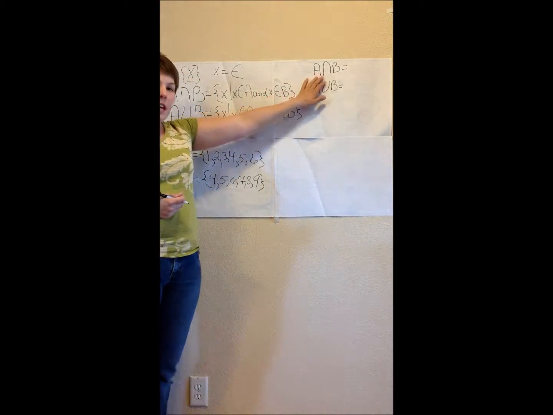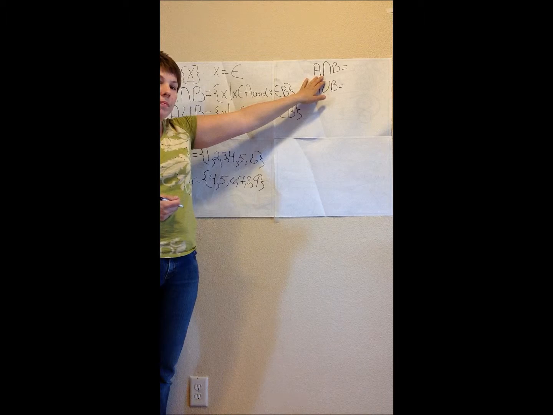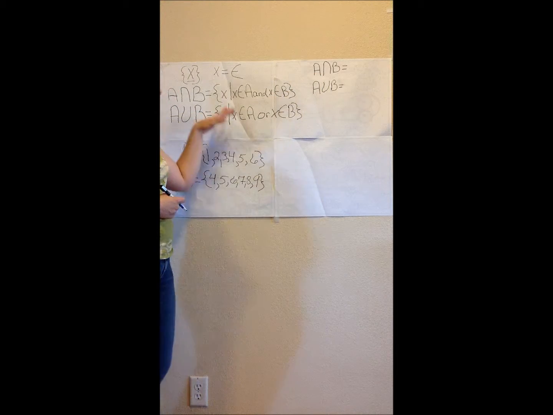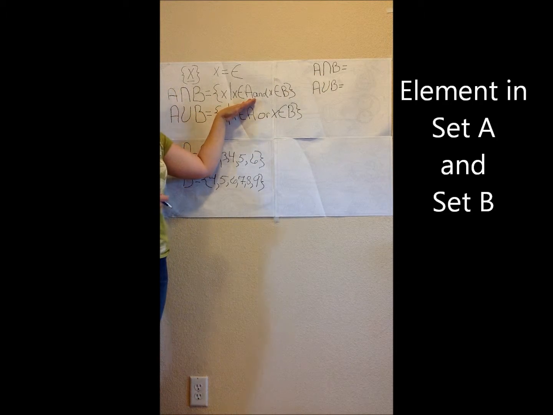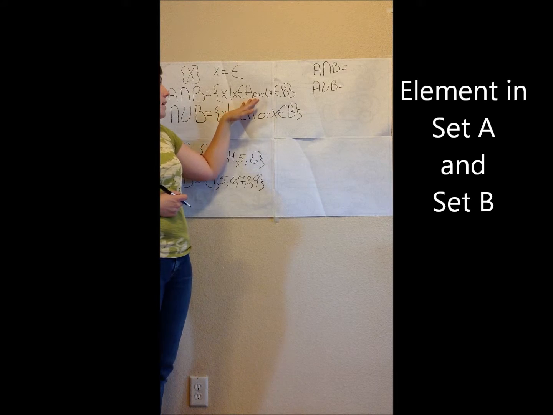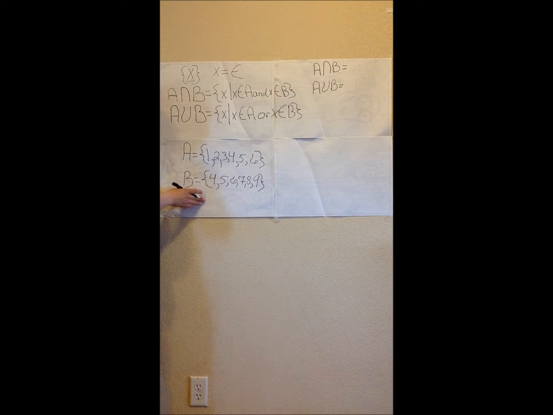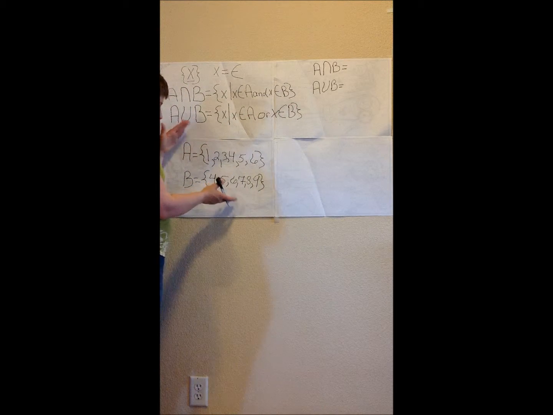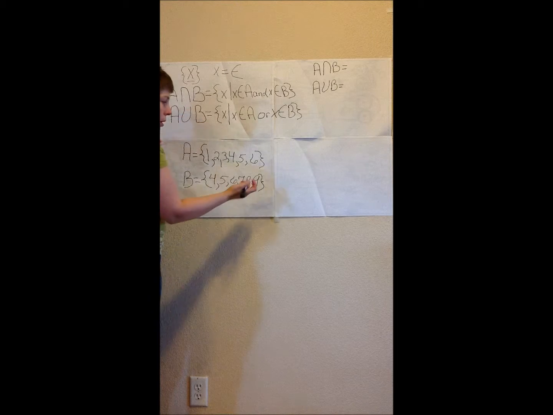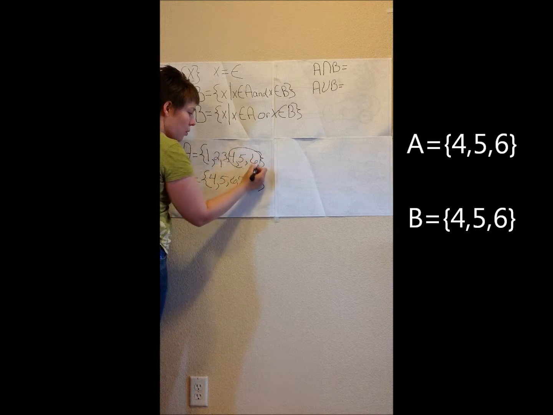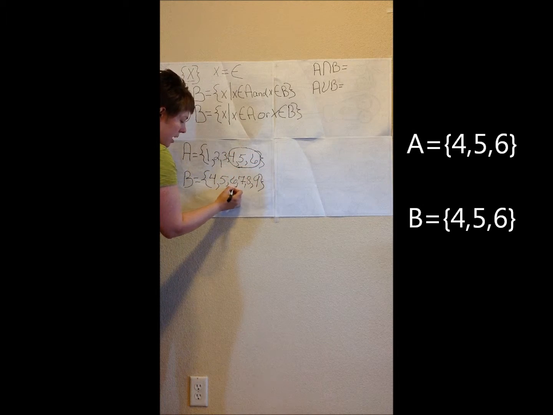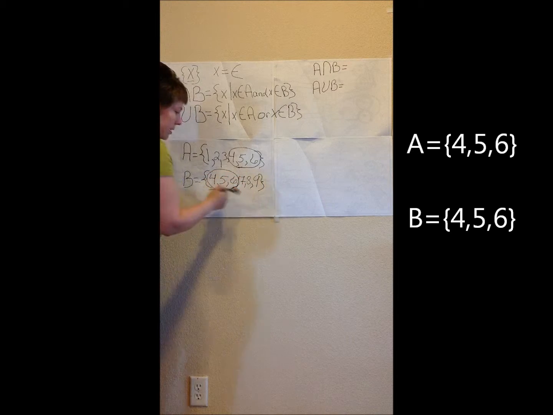Well, to find the intersection of sets A and B, we must first look at what the definition says. It says that the element must be an element of set A and an element of set B. If we look over here at our sets A and B, we can see that set A consists of 4, 5, and 6, and set B has 4, 5, and 6.